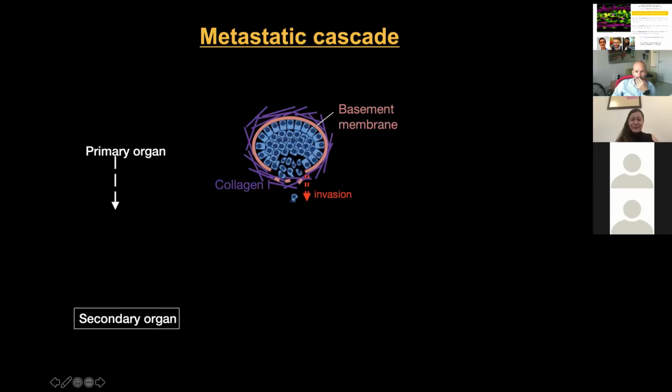It's either that the proliferation of the cancer cells is pushing on the basement membrane and collagen mechanically, and then the basement membrane bursts, or there's a collective invasion, or maybe there's active degradation of the basement membrane by invadopodia, and then invasion into the healthy tissue. So that question is still open, and that's something that we're working on. But this is what we call invasion step.